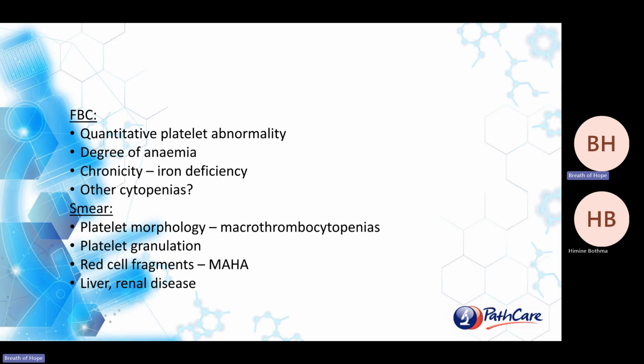Then you can see if the platelet granules are adequate or not. Again, rare, but you will be able to pick that up. Red cell fragments you'll be able to see, to exclude a microangiopathic hemolysis like DIC, which you'll commonly encounter in the hospital setting, ICU setting, etc. And then your red cells can also give you an idea if there's liver or renal disease.